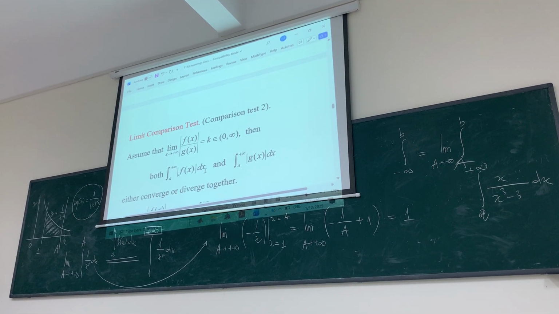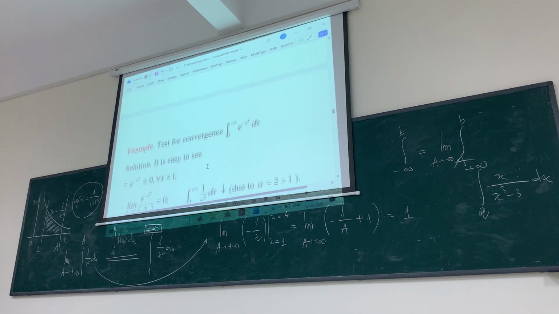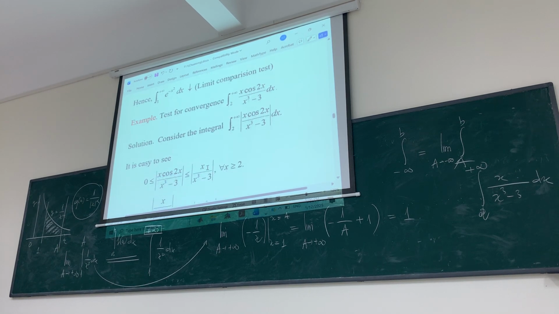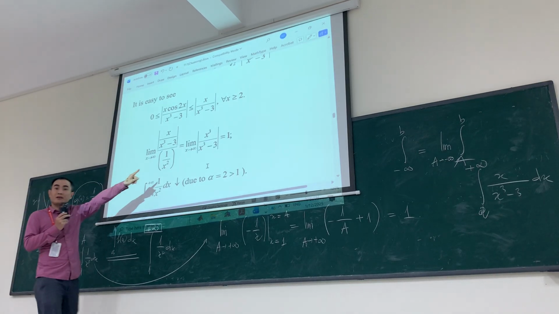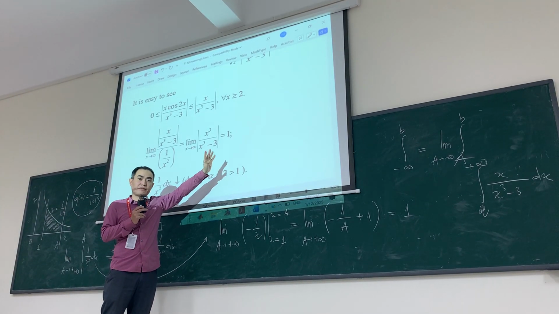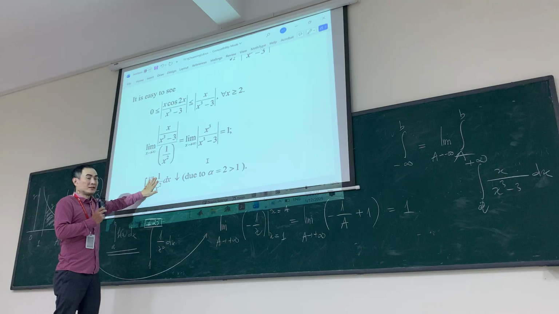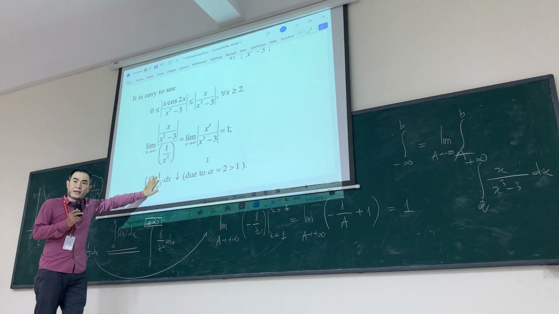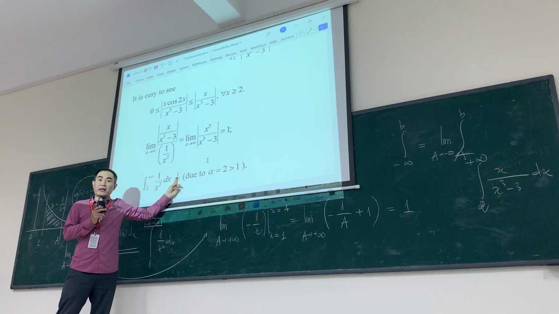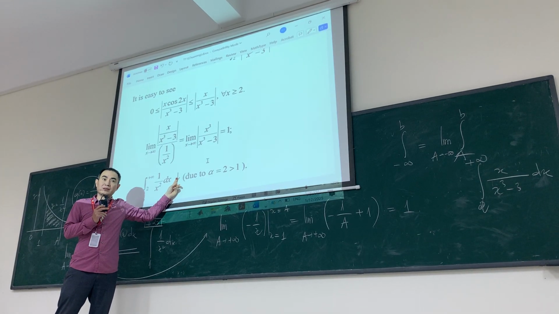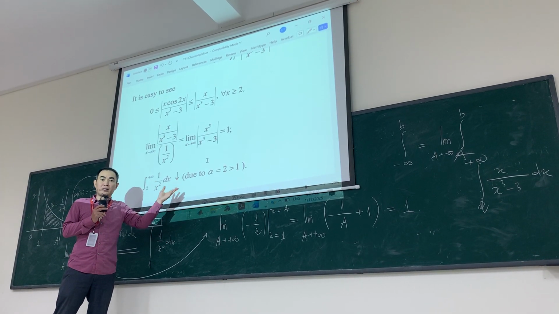So we apply the limit comparison test to this example. The limit equals 1, which is not zero and is finite. For the improper integral, we need to use a comparison. So apply the limit comparison test.